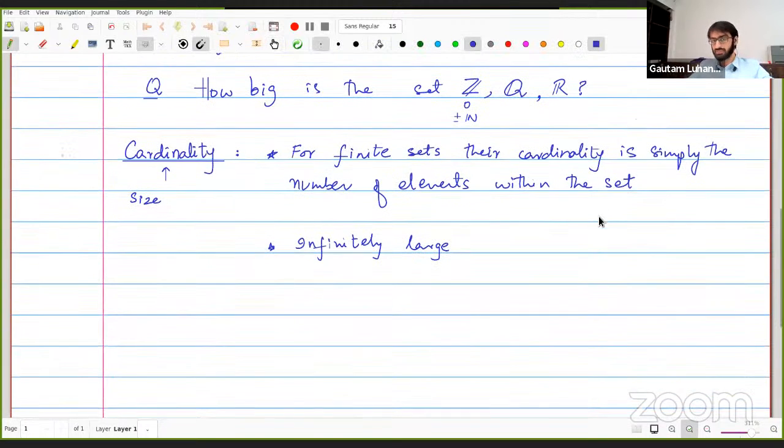So let's be a bit more precise about them. And now I'm going to redefine cardinality.